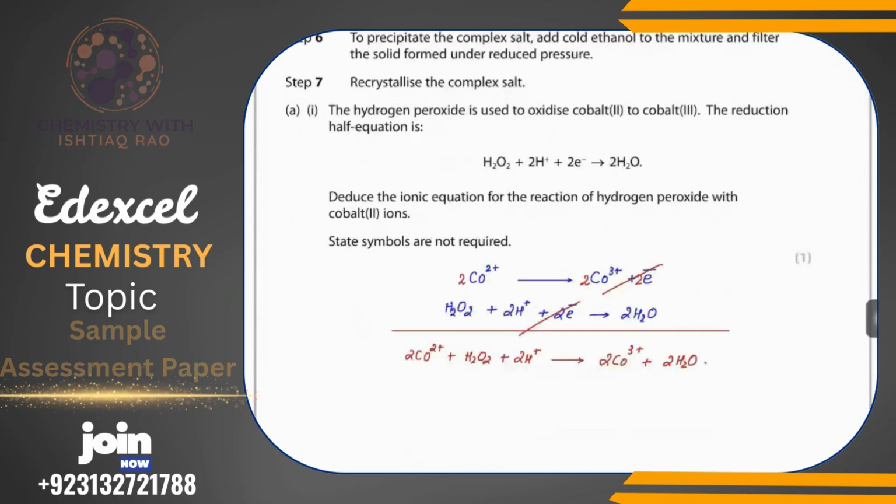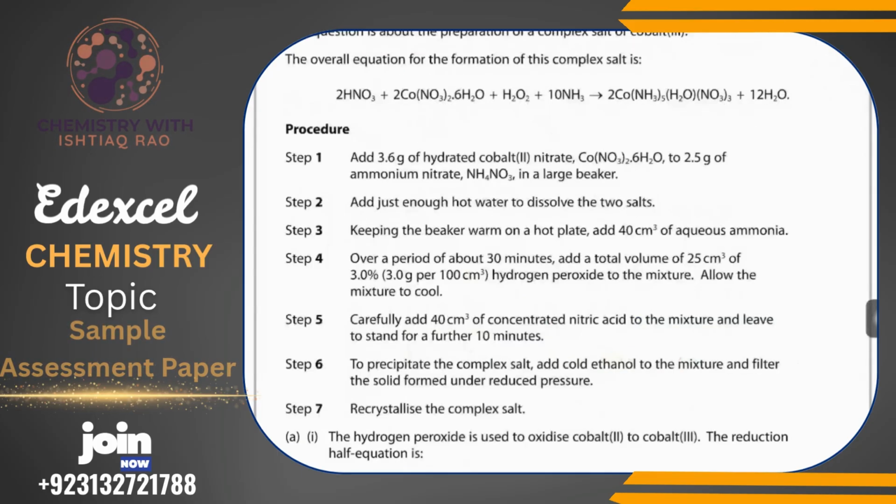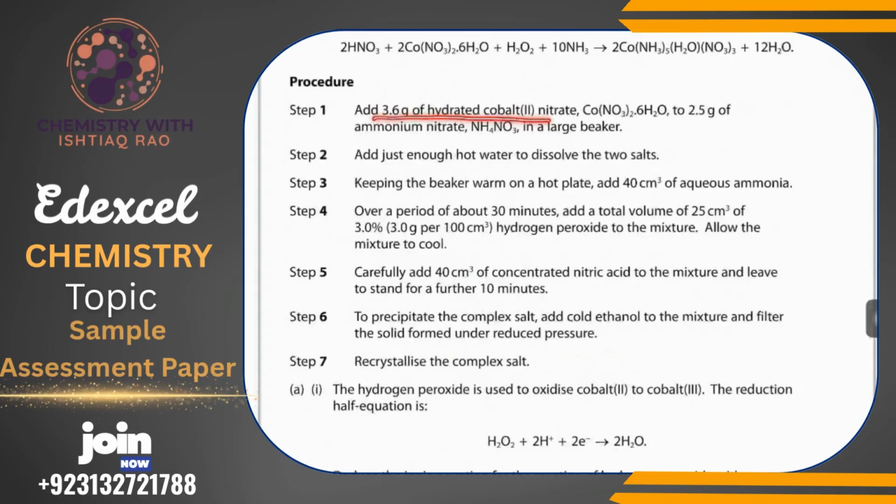They have given you 3.6 gram of cobalt 2 plus. So first of all, what would be the number of moles of H2O2? Did they give us?